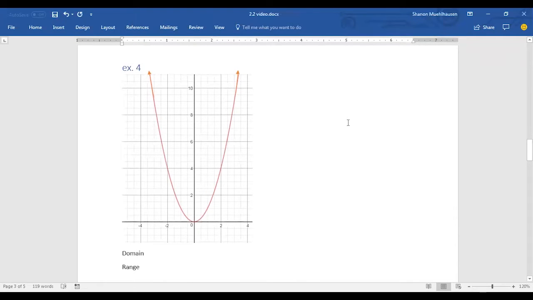Example 4. Notice this graph has some arrows indicating that it does go in those directions forever. It continues. When we talk about the domain, we're talking about left and right on the x-axis. And even though this goes left very slowly and this goes right very slowly, the arrows do indicate that it goes forever.